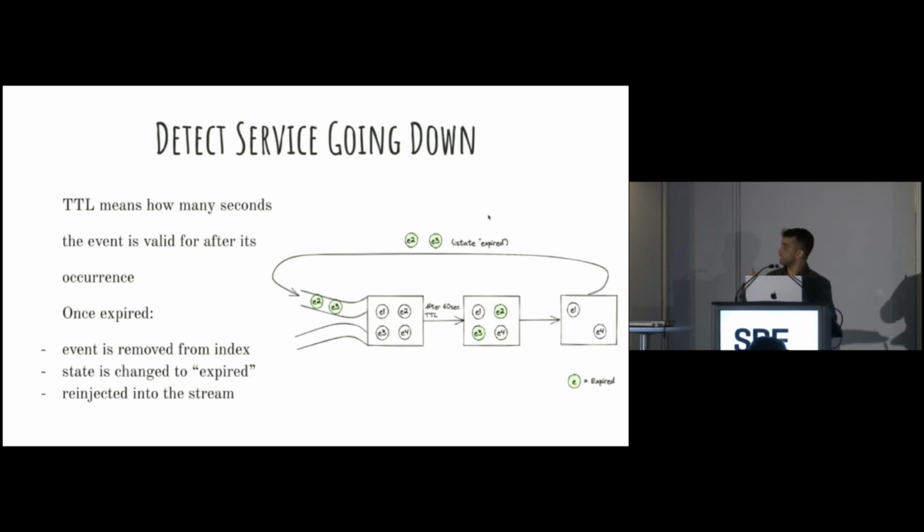When they expire, Riemann takes them out of the index and re-injects them back into the Riemann stream, but with state as expired. So if in your Riemann config you say, tell me all the events which are in expired state, that will give you the services which are down. You can leverage this to find out the services which are down at the current moment.